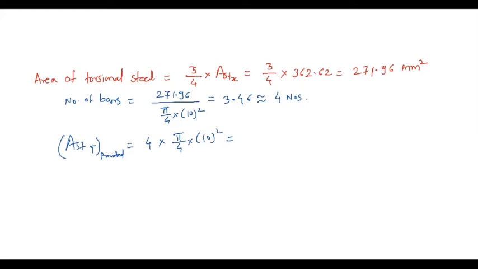It is 314.15 mm square. Okay. So again calculate the spacing. Now here while calculating the spacing, we can easily calculate the spacing. There is no clause for the spacing.